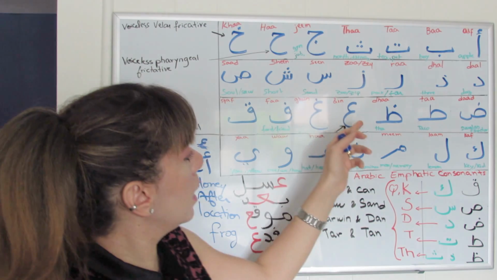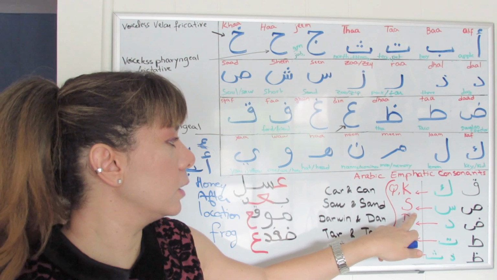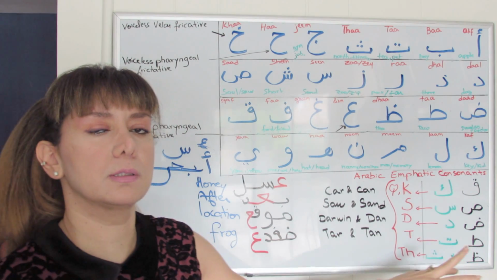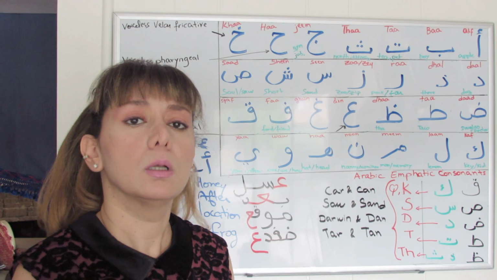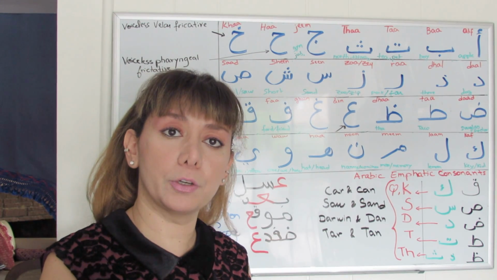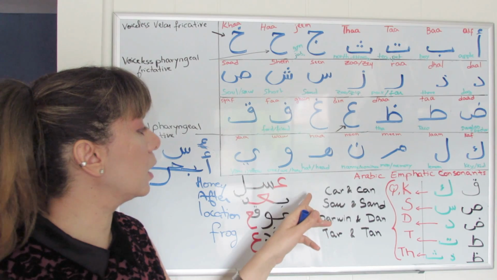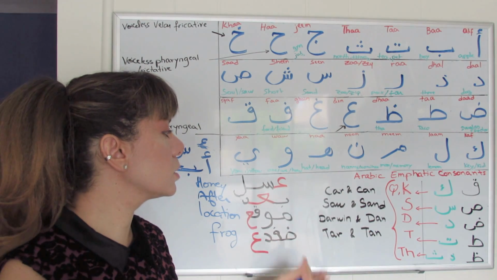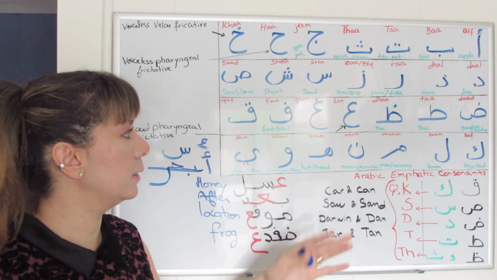Seen, sad. It stands for S in English, but the sound is different. Even in English, we may have the same letter that sounds different in different words, like car, can, saw, sand, Darwin, dan, tar, tan.